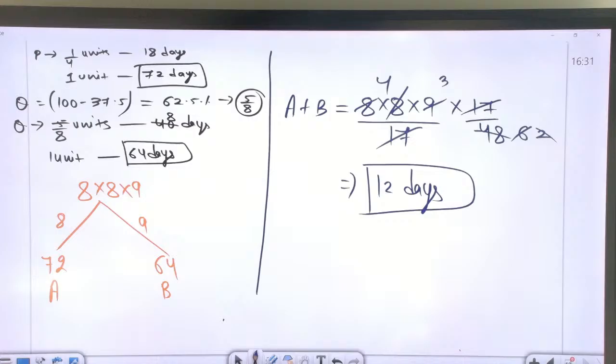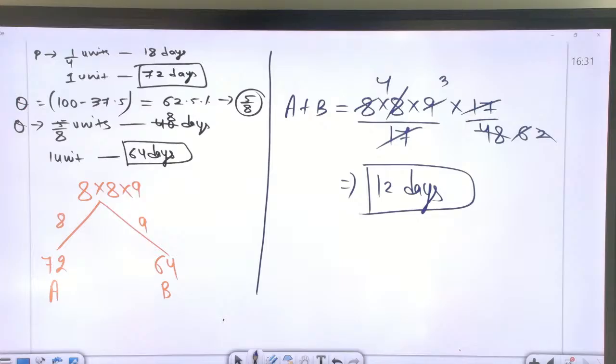P can finish a work in 18 days. When he had worked for 5 days, Q joined him.